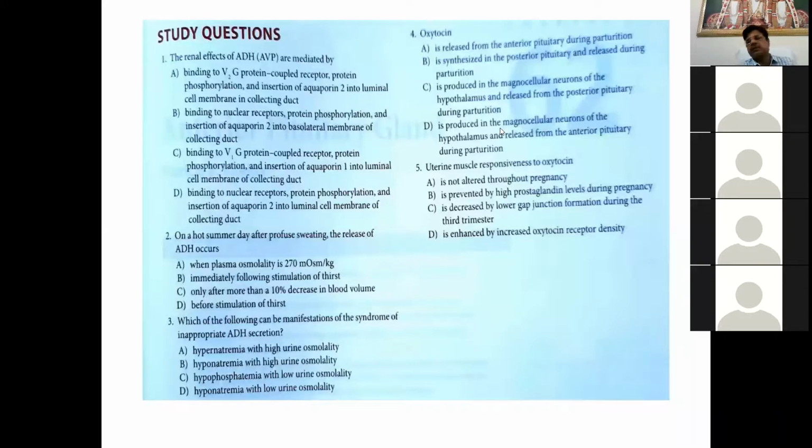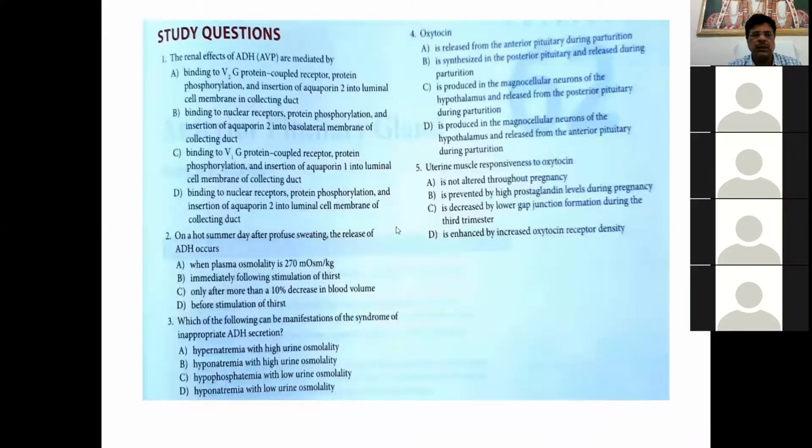Cyclic AMP will cause activation of protein kinase A, which in turn will cause phosphorylation of the aquaporin. A preformed pool of aquaporin is there, and that will get inserted into which membrane? Basolateral membrane or luminal membrane?